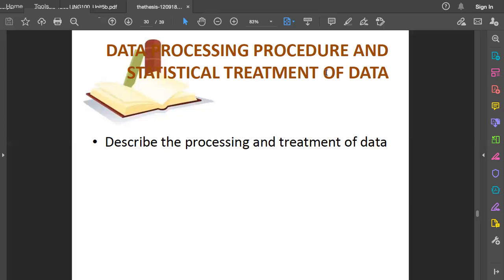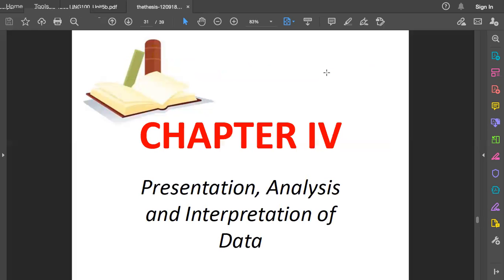Say, for example, they have adequate knowledge, with this criteria. They have insufficient knowledge, with that criteria. Okay, presentation. This is now the tabular.